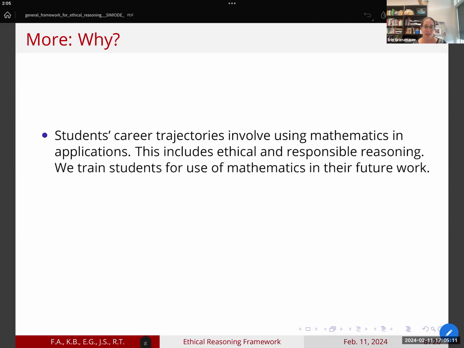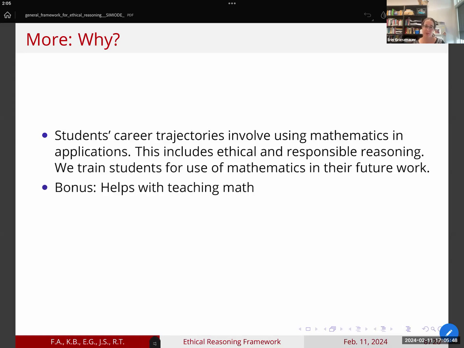So if they're not getting the practice making those ethical decisions in our class, where will they? We want them to be prepared to think about ethical reasoning when they go out into their future jobs. And our framework is meant to be included all along the way. So not just in upper level math classes, but beginning in early classes, because we would really like even majors who are not math majors, but are taking our service classes, to be thinking about the ethical components of mathematics.